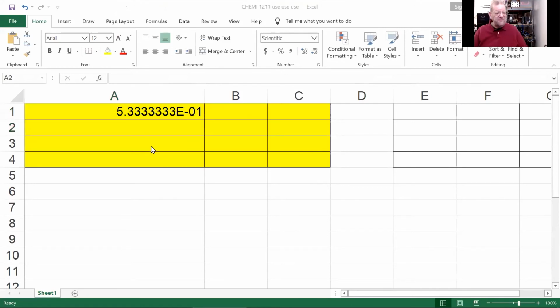And I get this number. Wow, that's a lot of 3s. Now, I've divided 9.6 by 18.0. 9.6, 2 significant figures, 18.0, 3. So you round this off to 2 significant figures, because when you multiply and divide, your answer should have the same number of significant figures as the number that has the fewest. And here we have, keep the 5, keep the 3.